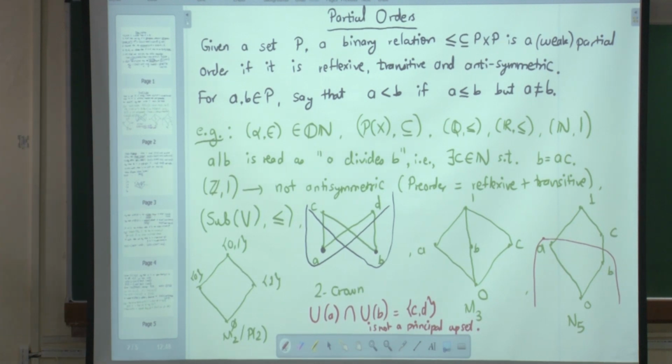If it is a principal downset, then it must contain a maximum element. Okay. What about this? This is a principal downset. What about this? This is a principal upset. Okay, so you are getting the hang of all these concepts.